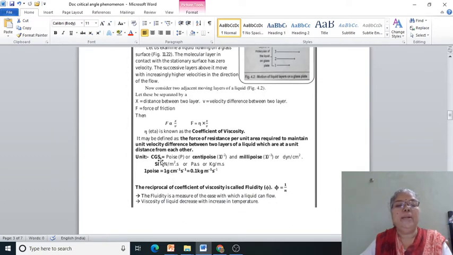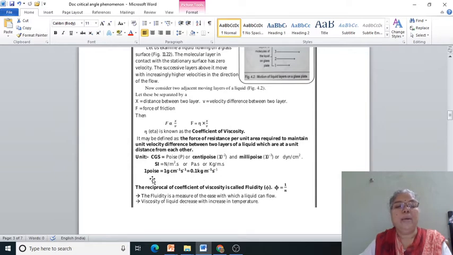The unit of viscosity or eta is the poise, denoted by letter P, or centipoise or millipoise or dynes per centimeter square, and the SI unit of viscosity is Newton per meter square into second, or Pascal into second.